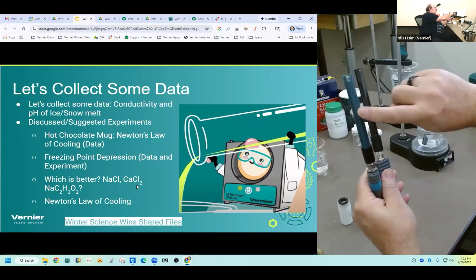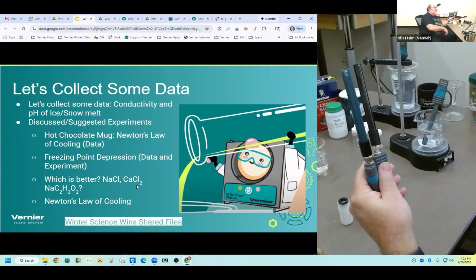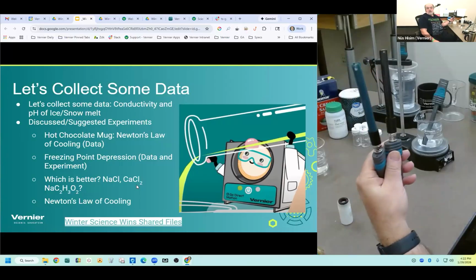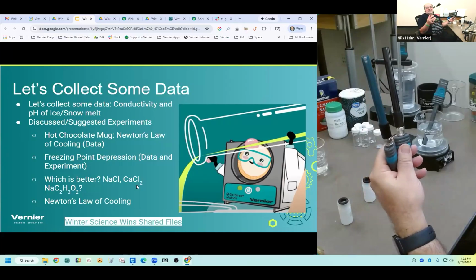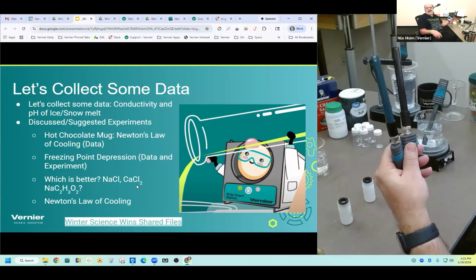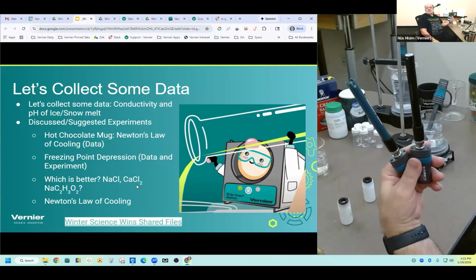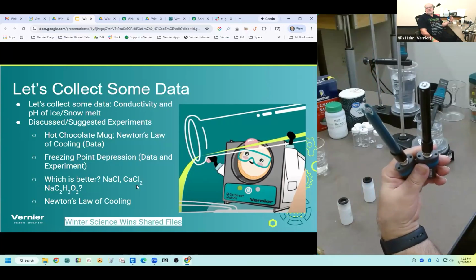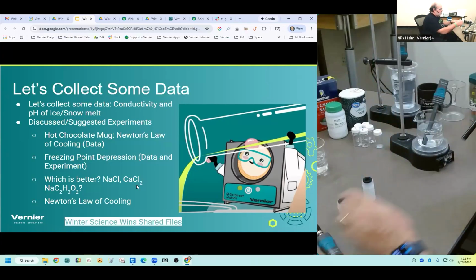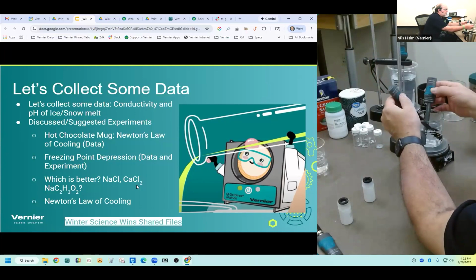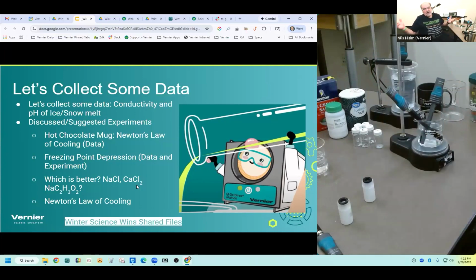Now you can just buy the electrode, so you don't have to buy the whole thing. So it's a lot cheaper if you break them, or if you want to replace the electrodes. I mean, in 5 to 10 years, they start to act up. The flat pH is more expensive, but it's less problematic when it comes to breakage. So I'm going to use that. Functionally, they're identical. You're not going to notice a huge difference.